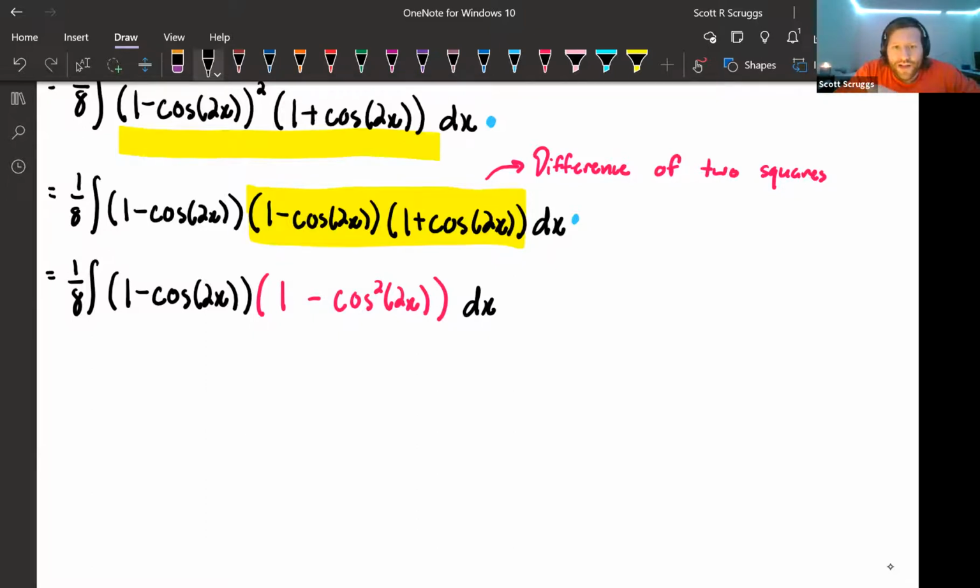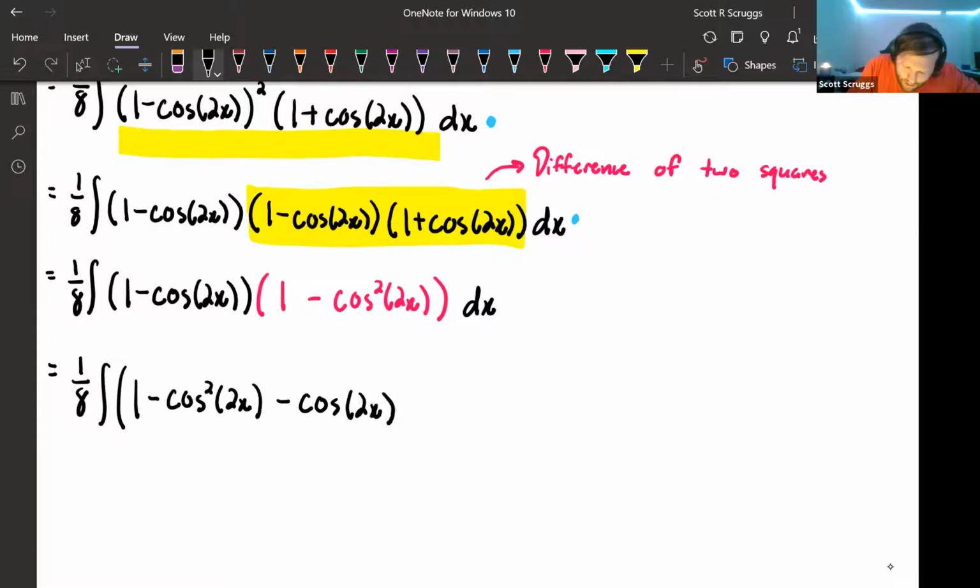Now I need to FOIL out the 1 minus cosine of 2x and the 1 minus cosine squared of 2x. Doing that FOIL, I get first 1, outer cosine squared of 2x, inner, last.